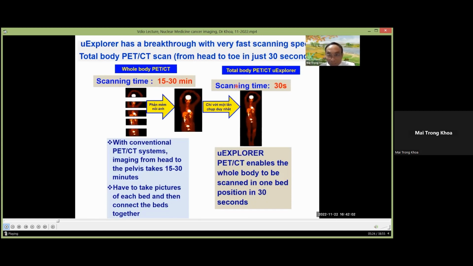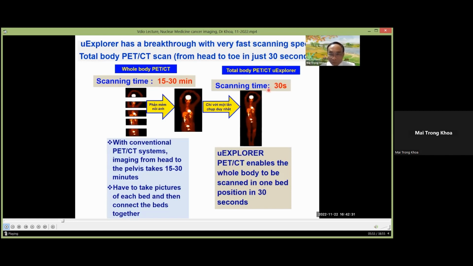Meanwhile, the total body PET-CT, you can see here, has a detector nearly 2 meters long, so the time to take a full body scan from head to toe only needs one bed position, and it only takes about 30 seconds per patient.